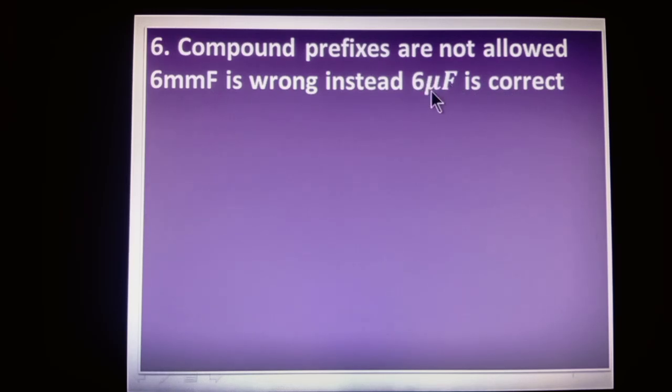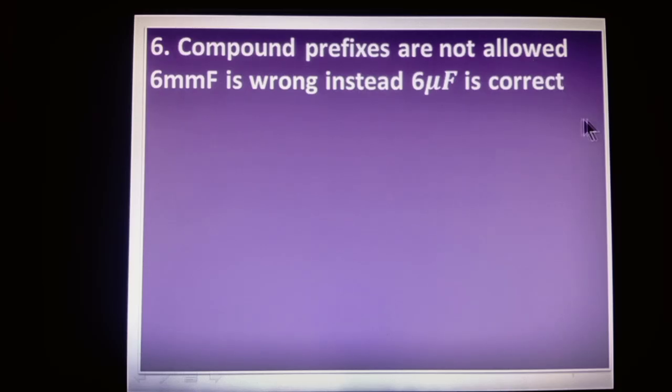Micro means 10 raised to the power minus 6. Milli means 10 raised to the power minus 3. So instead of combining prefixes, a proper, correct prefix should be there. So it is the correct way and it is the wrong way. Compound prefixes are not allowed. I hope it is clear.